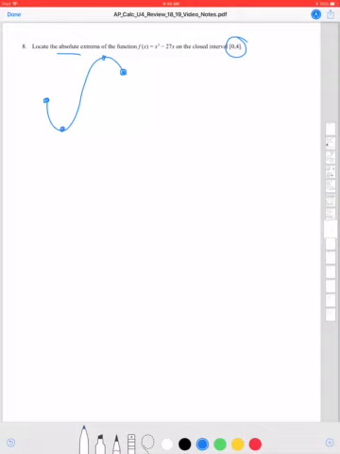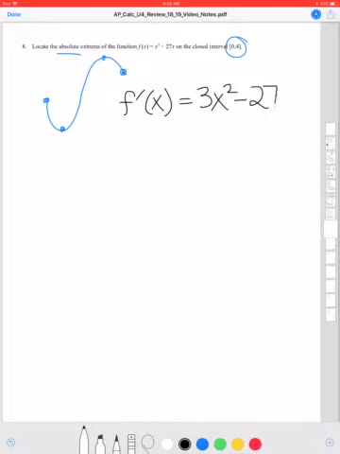All right, but we're still going to do basically what we do on the first derivative test, only you don't have to make the sign chart because we're just going to straight up plug in the numbers to see which one's the highest and which one's the lowest. All right, let's find the first derivative. All right.